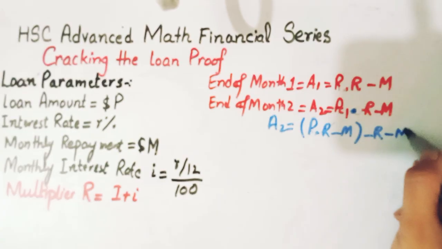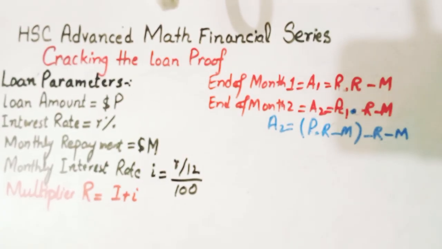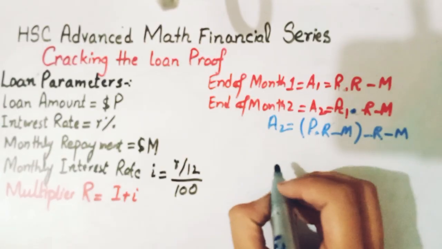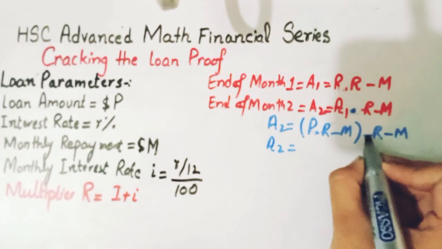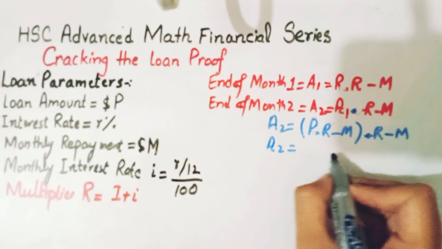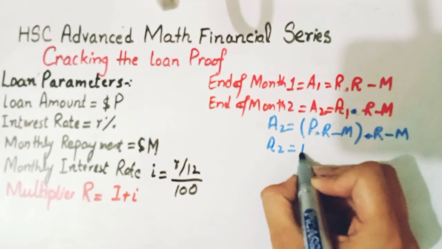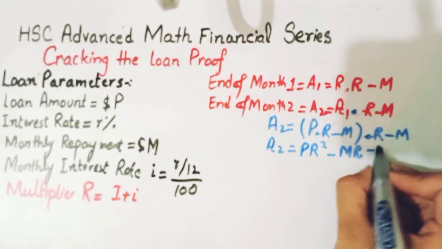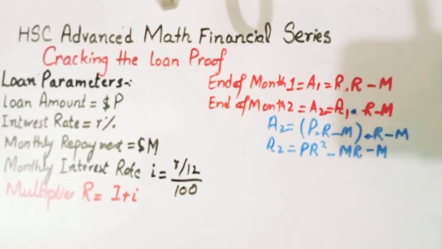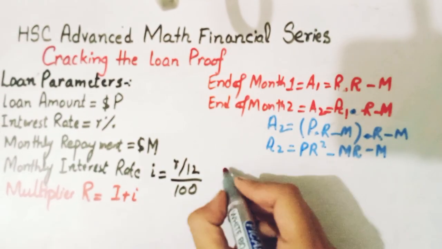Now the A2 value will be, this is the R times, so it will become P R squared minus M R minus M.